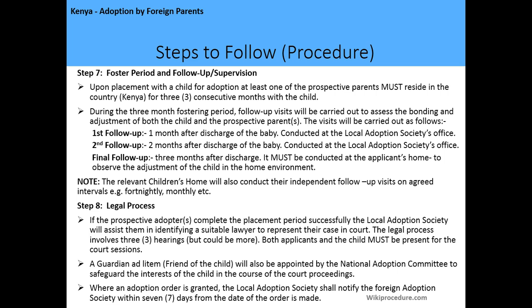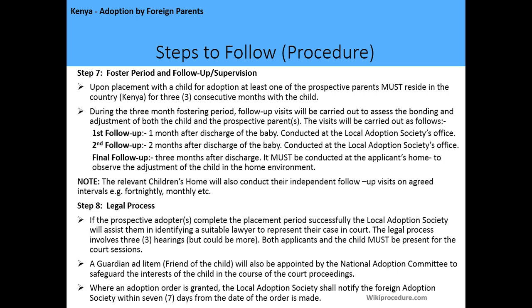So if the prospective adopter completes the placement period successfully, the local adoption society will assist them in identifying a suitable lawyer or advocate to represent their case in court. The legal process involves 3 hearings, but this could also be more. And both applicants and the child must be present in all court sessions.